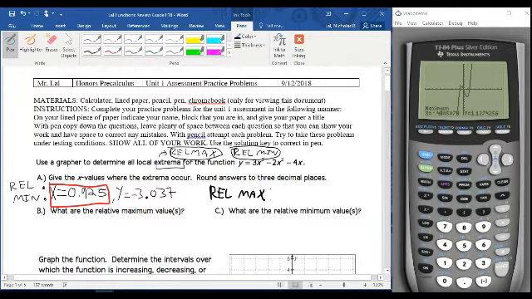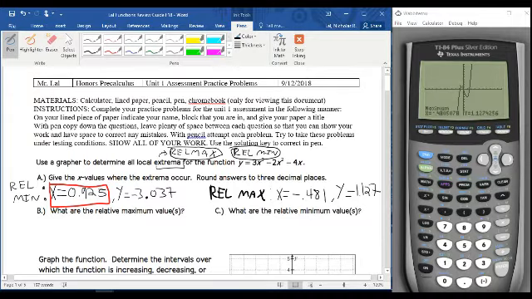We have our x value is equal to negative 0.481, rounding to 3 places, and our y value is equal to 1.127.